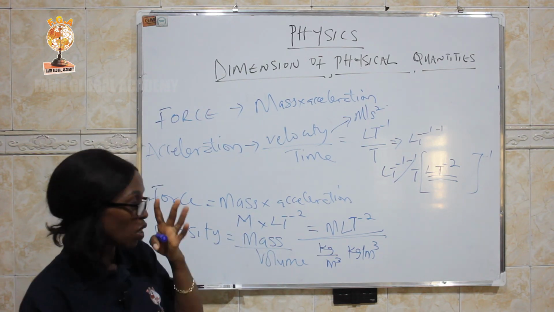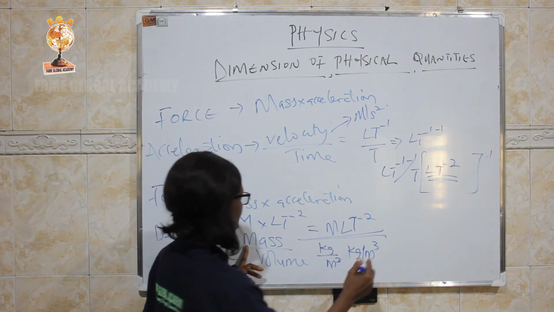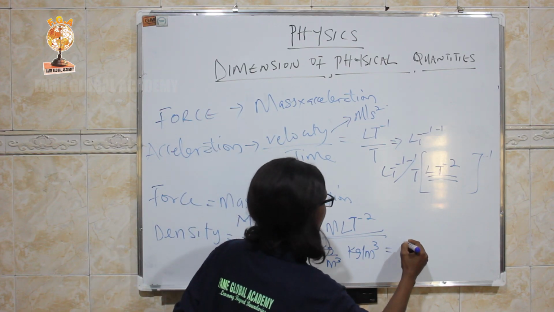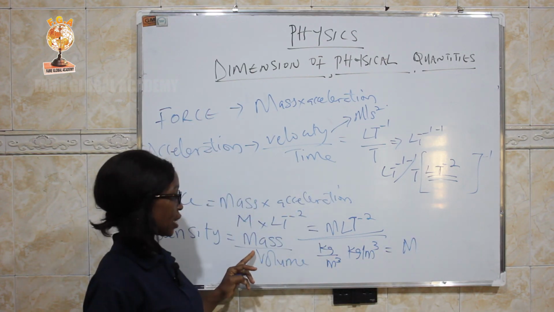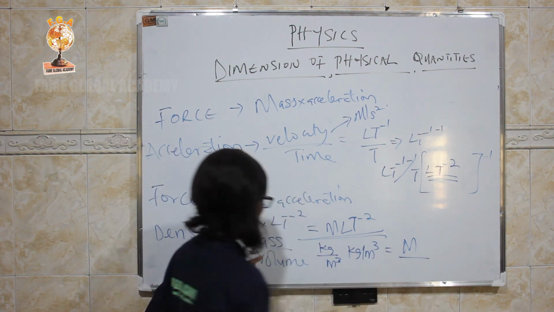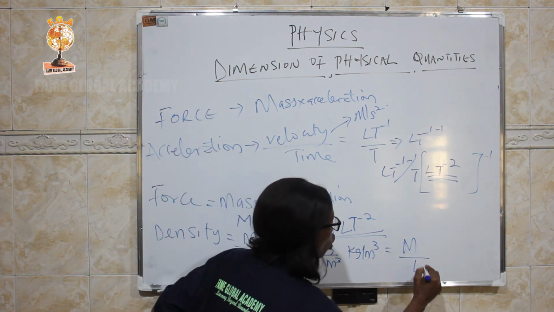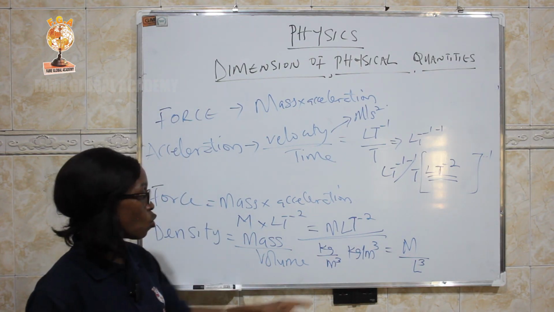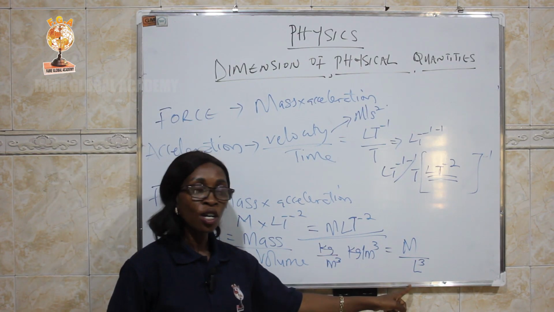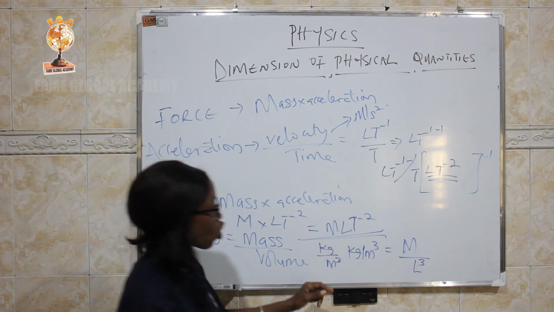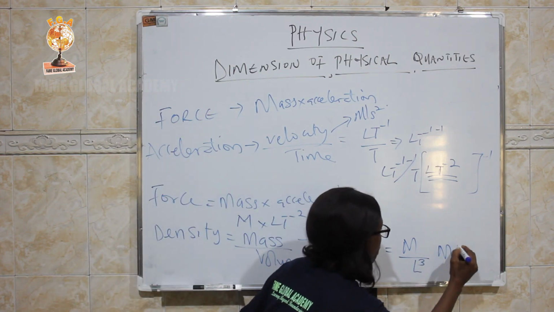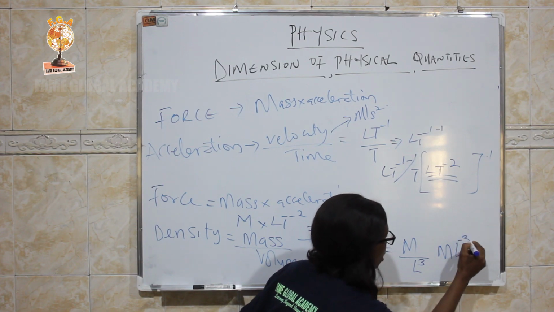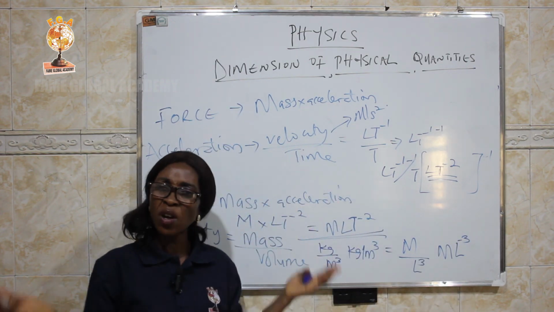But the dimension: what is the dimension for mass? M. Over volume, which is length cube. We've done that before. We said volume is length and length and length, so volume is length cube. Putting it together the same way, it becomes ML minus 3. Where is the minus coming from?